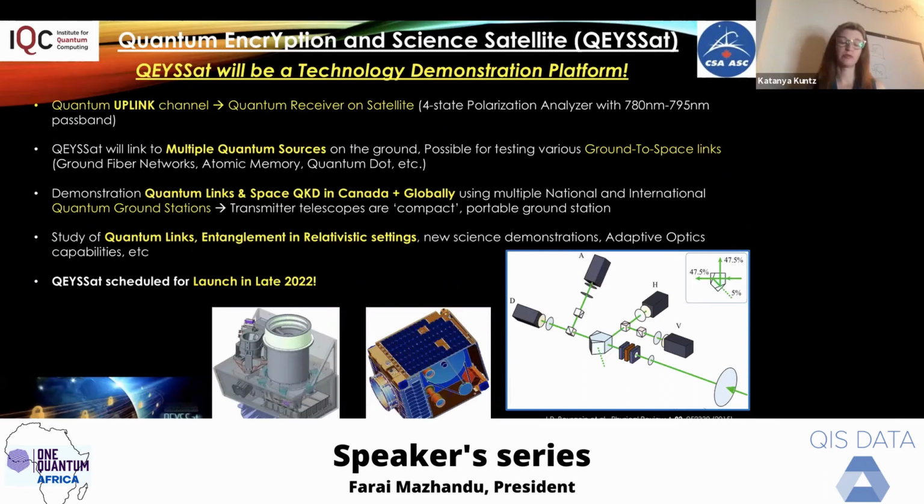If there was a metropolitan city, for example, Calgary has a fiber network in the city that has demonstrated teleportation already a few years ago from the researchers at the University of Calgary, who are also on our science team. So linking the satellite to metropolitan fiber networks is also a very ambitious goal, but important, because these are the stepping stones to making a global quantum internet.